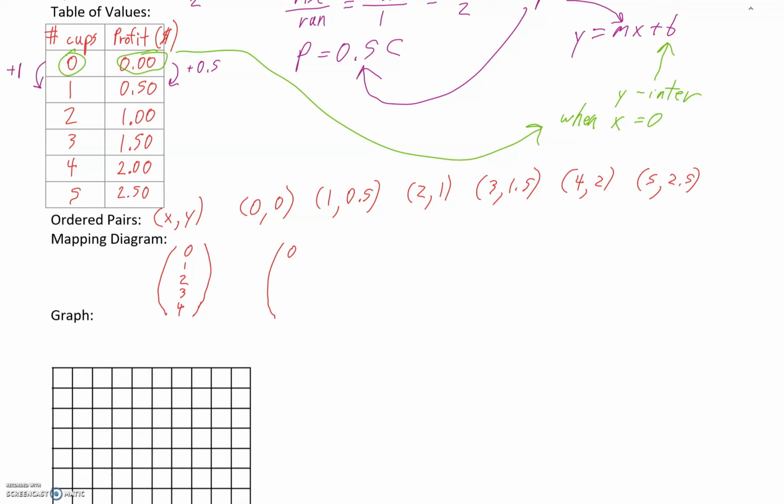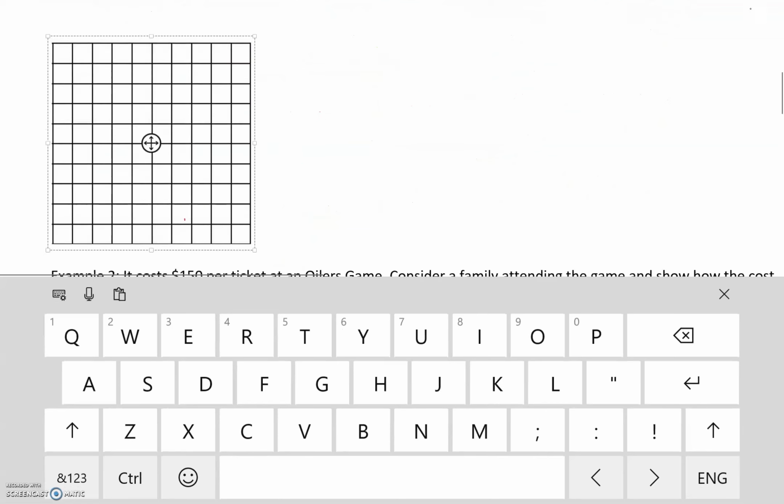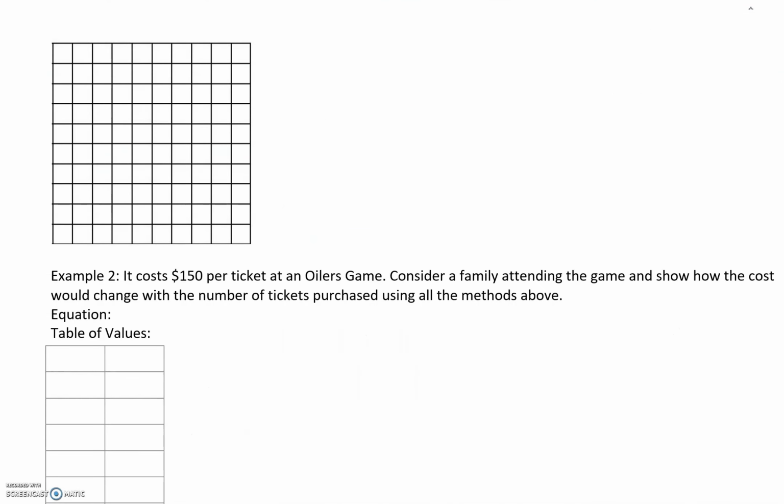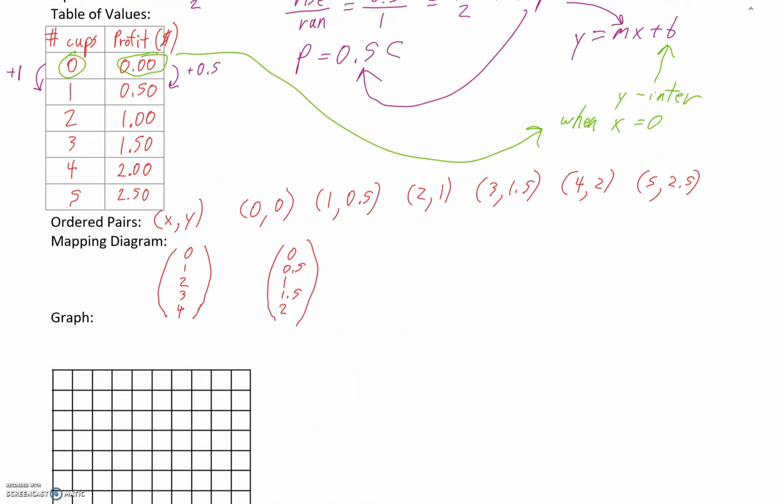So I'm just going to, again, write it out like this to keep it a little bit neater. Okay, I should go to 5 just because we have the data in the table of values. But I just don't want to use up the room for the graph.